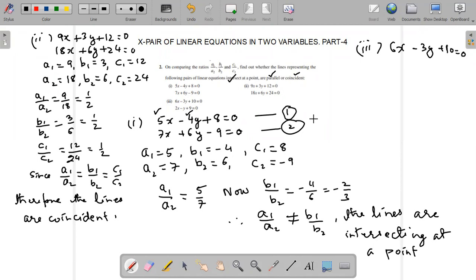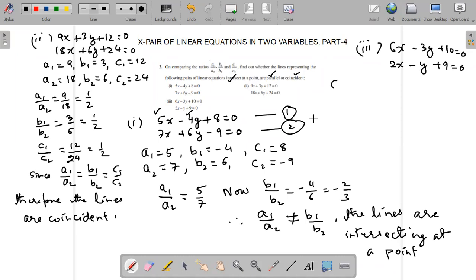As I said, if the 10 is on the right hand side in the question, you will take all the numbers to the left side. This is equation number 1. Equation number 2 is 2x minus y plus 9 is equal to 0. Okay. So all numbers should be taken on the left hand side.